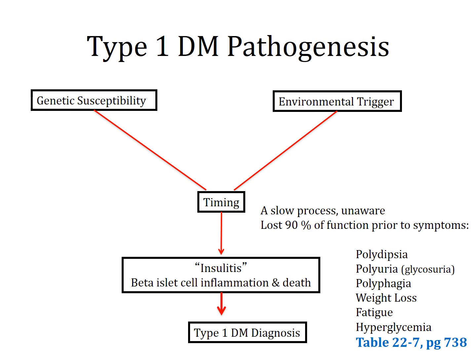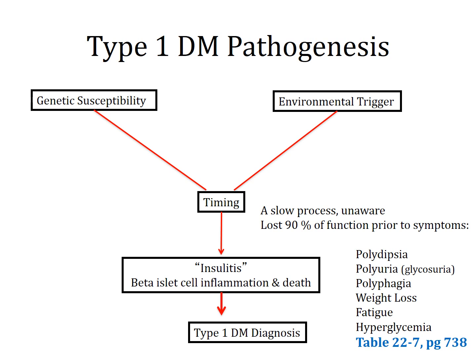So summarizing the pathogenesis of type 1 diabetes mellitus, individuals seem to have some genetic susceptibility. They seem to be exposed to some type of environmental trigger. The ones that have been proven are some of these viral infections, and that then begins the autoimmune destruction of the beta islet cells.